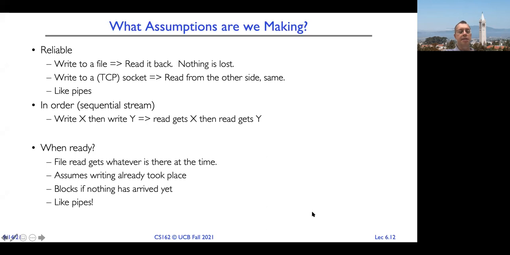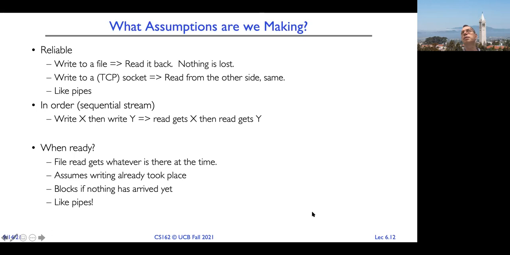When you ask for a read, you get whatever is there at that time. So this is very important. If you write, say, 1,000 bytes, the receiver can actually get it in bunches of 100 bytes, right?